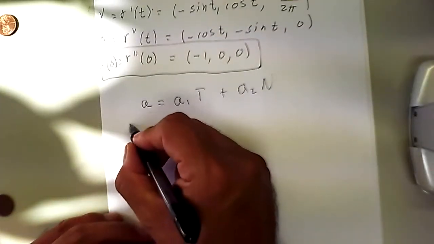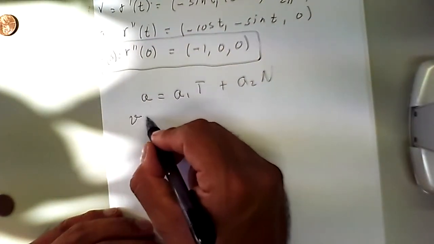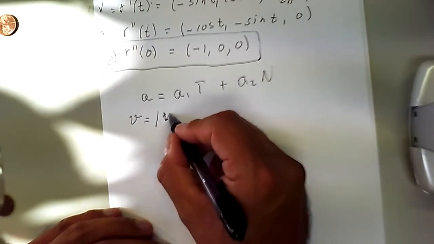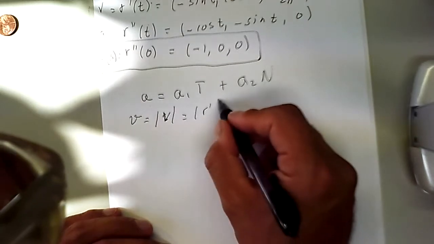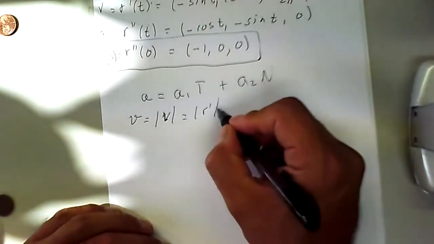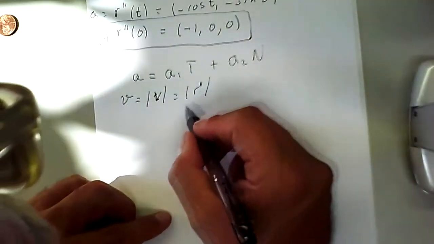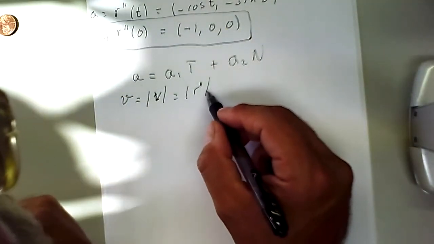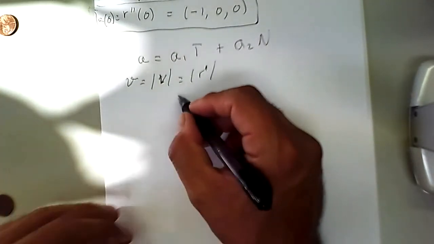Before we continue, let me record that script v is going to be the magnitude of the velocity, which is the same thing as the magnitude of r prime. And remember that r prime is used in the length of the arc, the arc length.